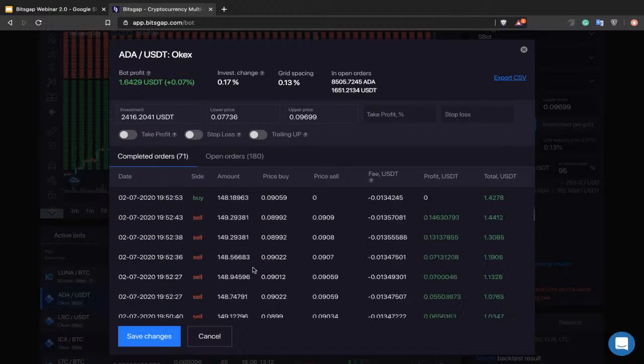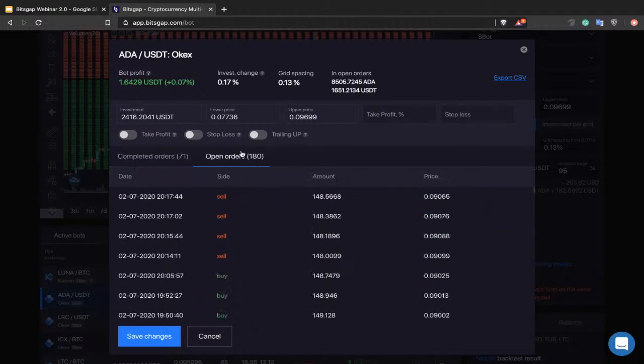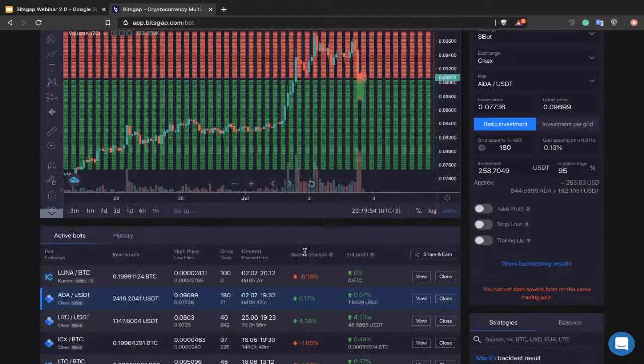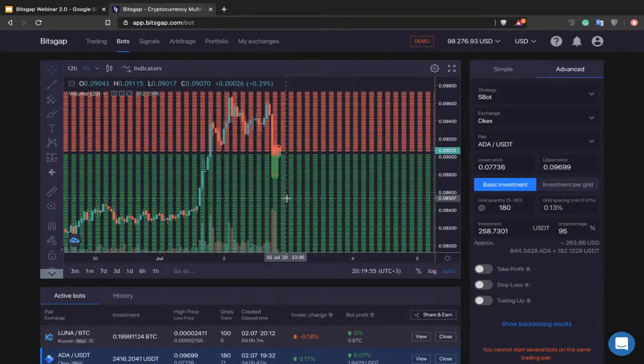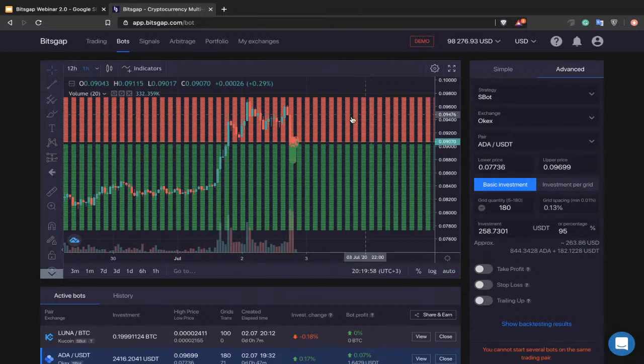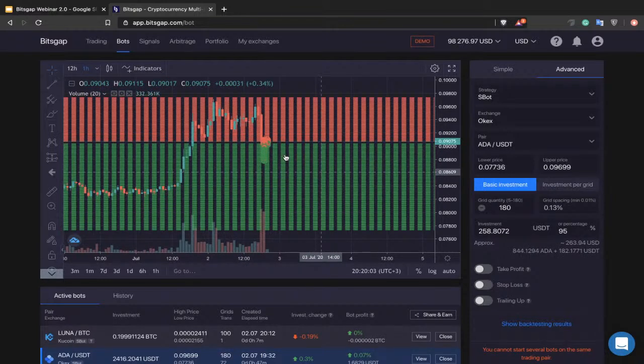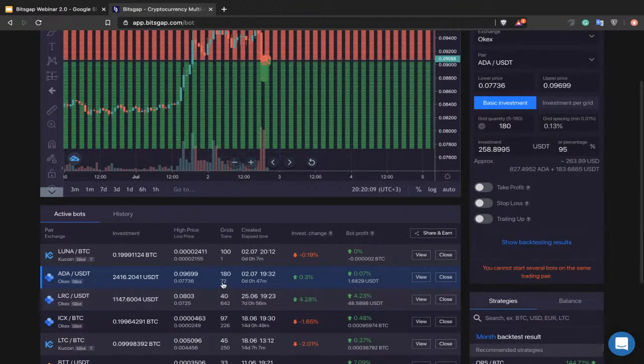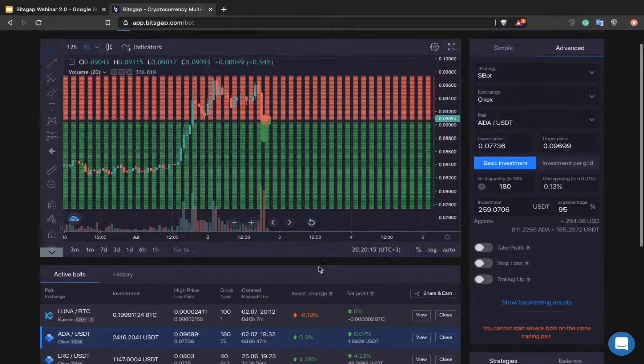You see all of the completed orders here, and it keeps working for us. It keeps placing these orders to make sure it stays in the market and makes profits for us each time the market moves lower to buy low, and then eventually moves higher to sell high. So we had 72 trades throughout the whole webcast.